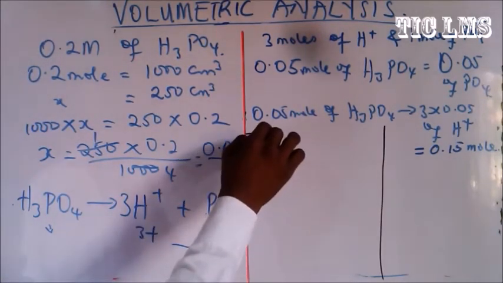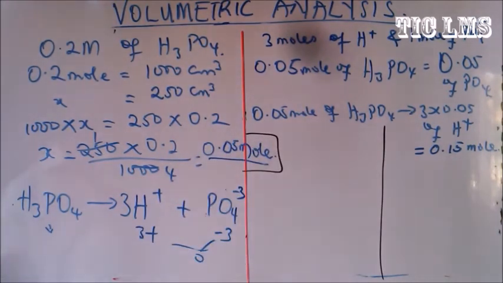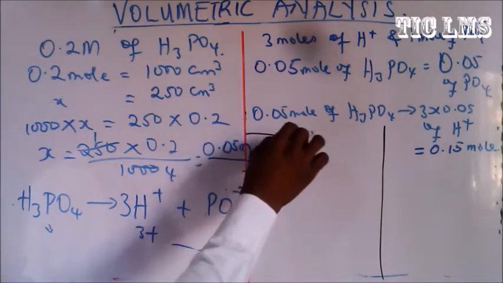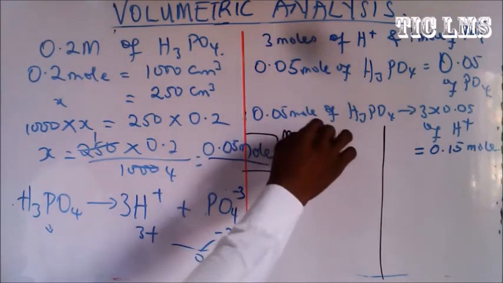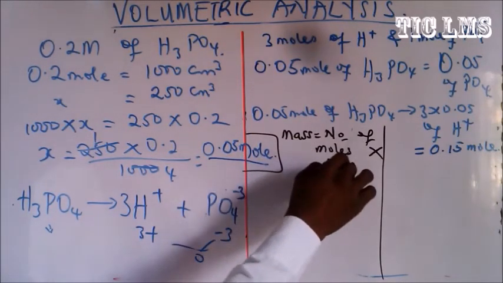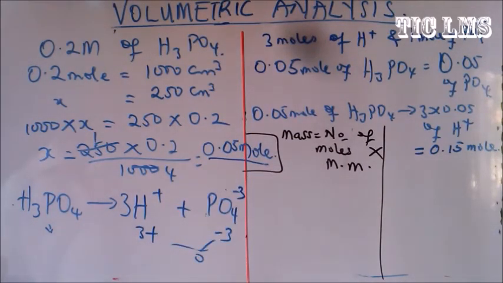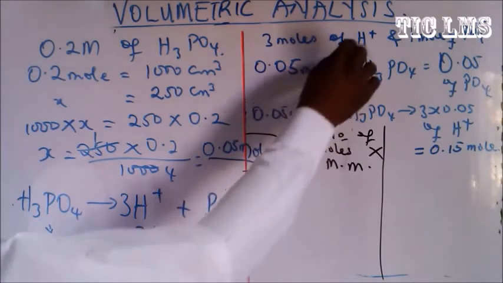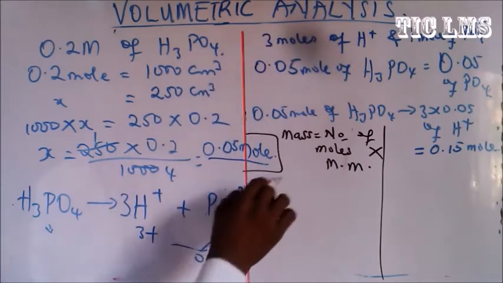When we have that, number of moles equals mass over molar mass. So we say that mass equals number of moles times molar mass. So we'll be using the molar mass of each of the ions. Let's do the one of hydrogen ion first.